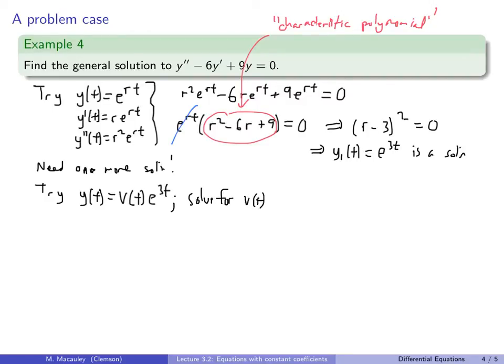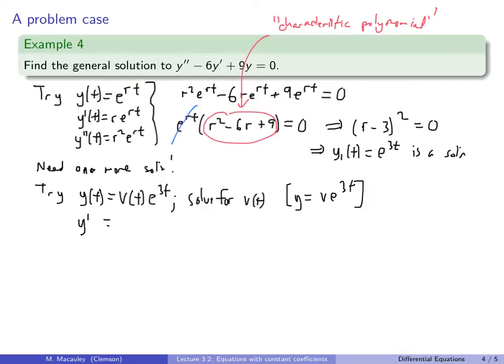Okay, so before we can do that, we have to take the derivatives. We've got to plug this back into here, so we've got to take the derivatives. So let's write this as y equals v e to the 3t. We're going to suppress our t's.